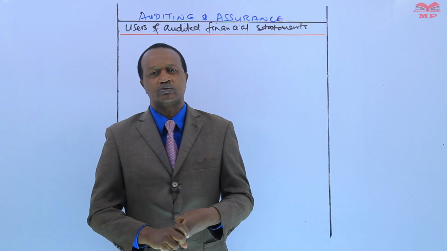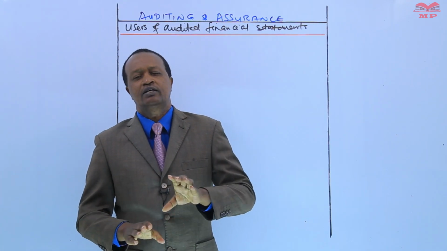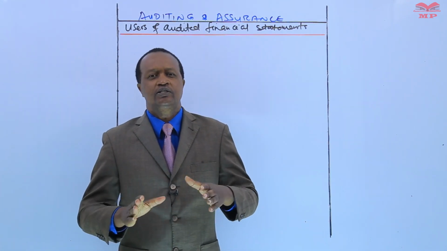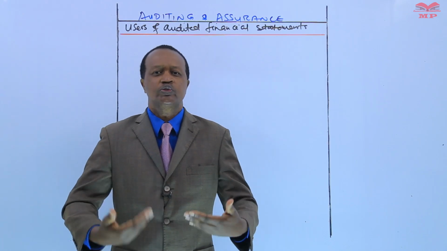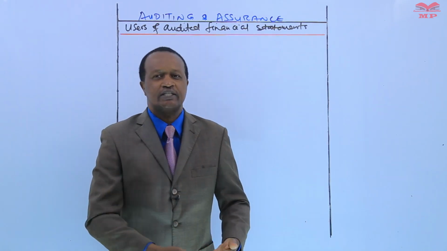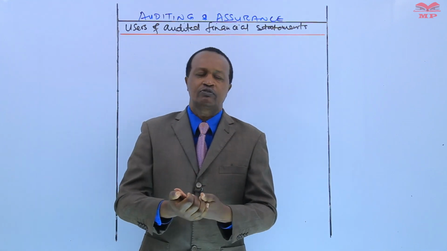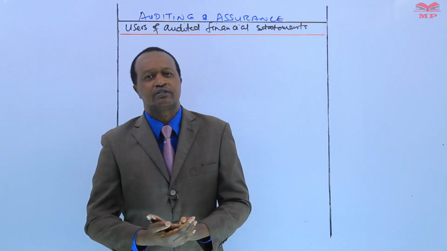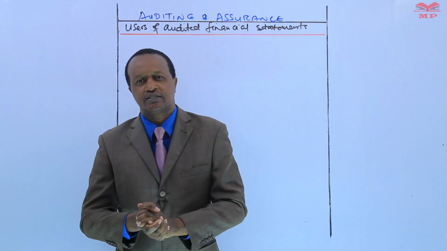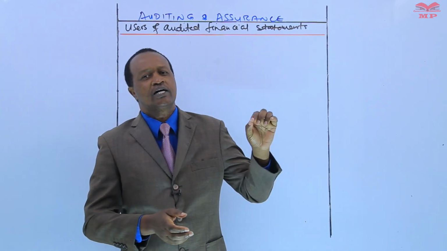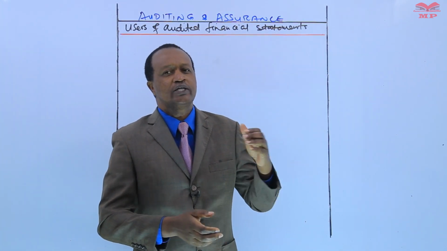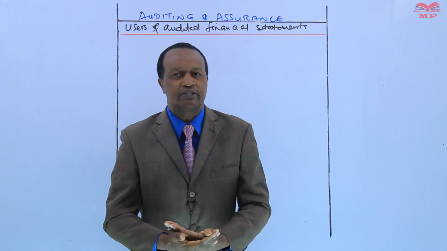In today's lesson, we will be looking at the users. Who are the users of audited financial statements? Candidates, the users of audited financial statements are diverse, and each has his or her own interests and objectives.